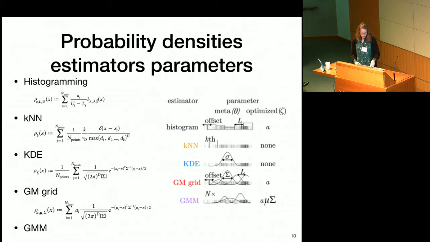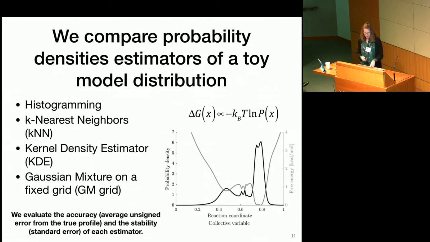So that's a brief description of all the probability density estimators. Before we went back to the problem of Calmodulin, we evaluated the performance of these estimators on a toy model, for which you can see the probability distribution here in black and the corresponding free energy here in gray.